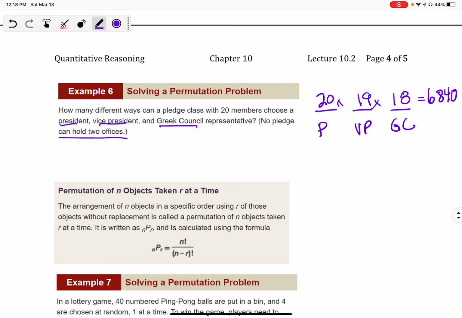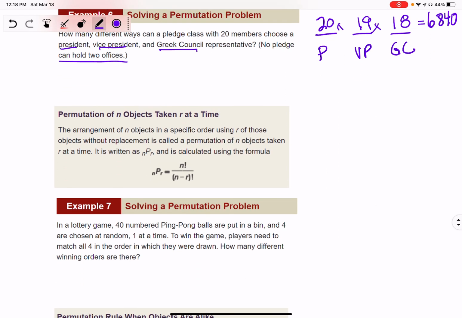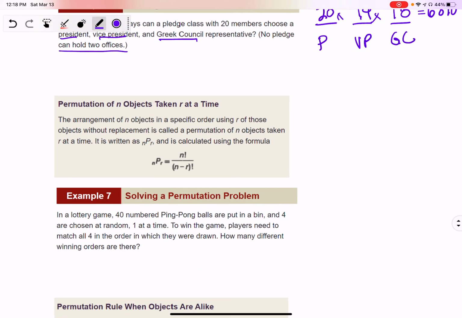All right. So what happens when we have to take a certain number at a time? The arrangement of n objects in a specific order, a permutation, using r of those objects without replacement is called a permutation of n objects taken r at a time. It is written as nPr, but make sure you know that the n and the r are smaller than the P. And it's calculated using this formula.